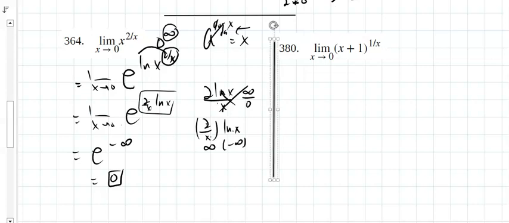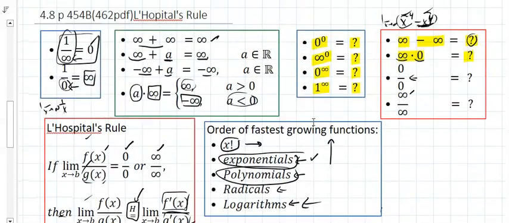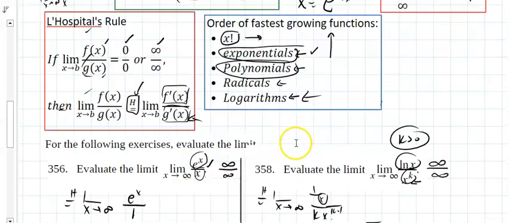How about here? The same deal. If I put 0 in, I get 1 to the 1 over 0, infinity. Every time I have an exponential, a power, every time I see one of those cases, 1, 2, 3, 4, I'm going to say x equals e to the natural log of x.